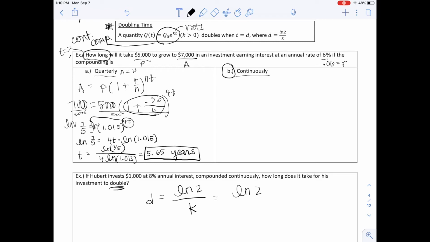And for this, we have ln of 2 divided by k, which is 0.08, which is our annual interest rate here, which again, rewriting this as a decimal. And using our calculator from here, we get 8.66 years.